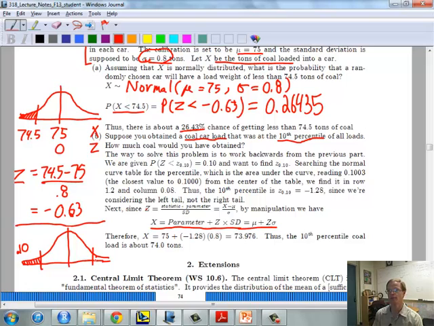So positive 10% would be here at 1.28. 10% on the left is going to be minus 1.28. So the z-score I need is minus 1.28. And I'm going to plug in my mean and my standard deviation with the z-score here and here to obtain roughly 74 tons. So 74 tons is at the 10th percentile of coal loads, and we've got it.